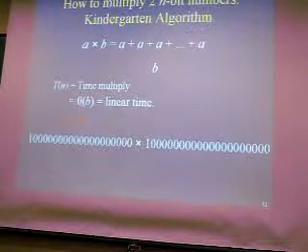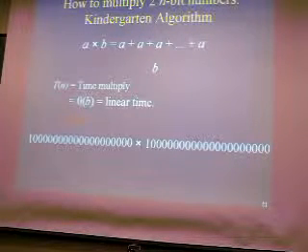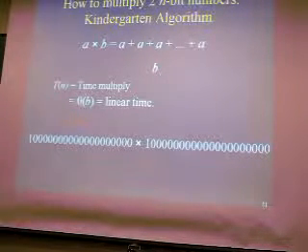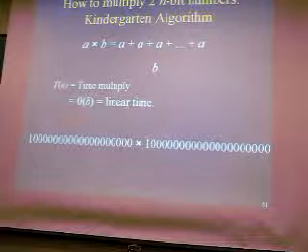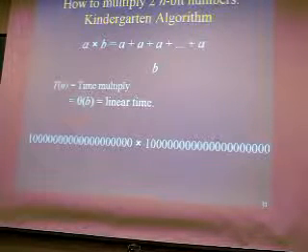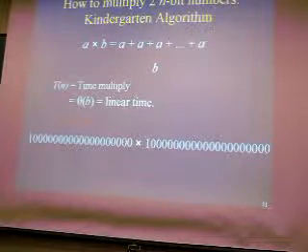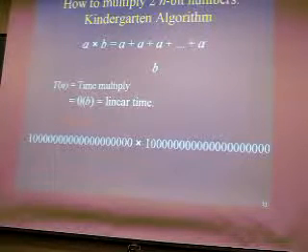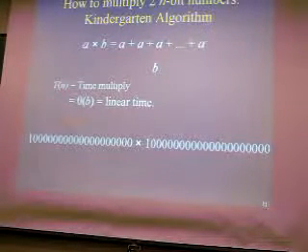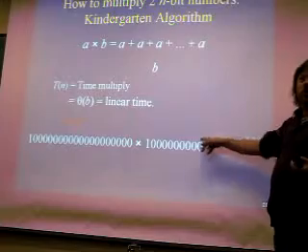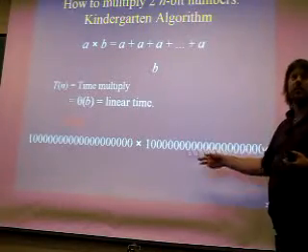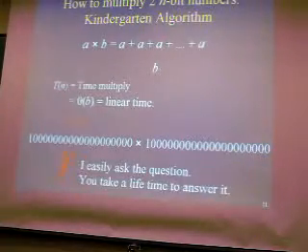I want you to multiply these two things using the two methods. Which one do you want to use? The high school one, yeah, because this one here, you want to add this that many times? Rather not.